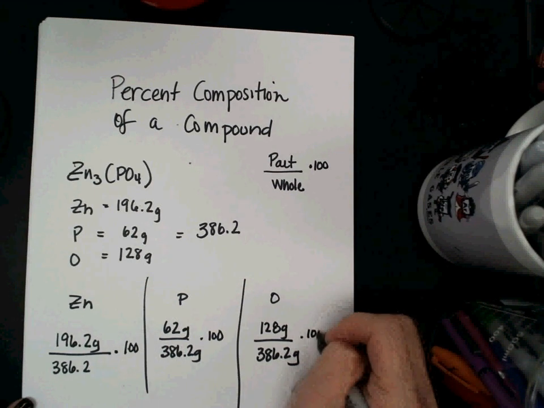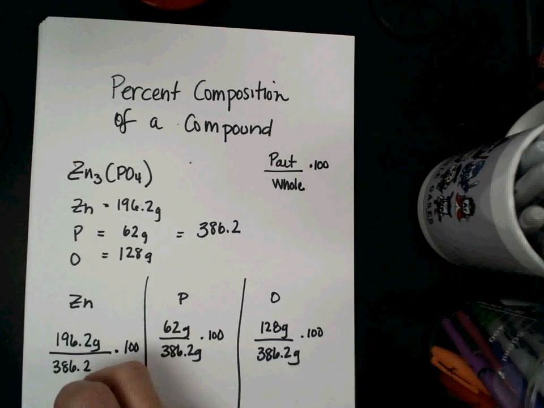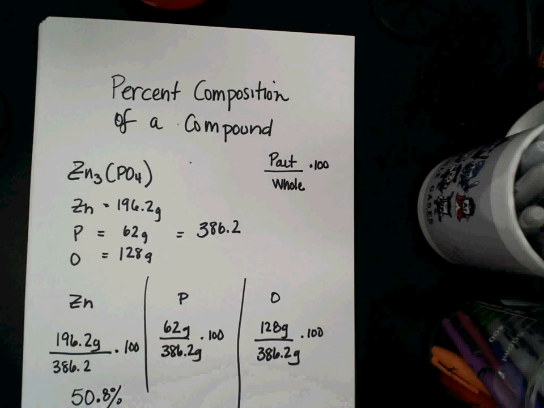I have to be able to tell what you're doing. And then I would go through and I would solve for those things. So go through and do that. And check my numbers. Obviously you need to.